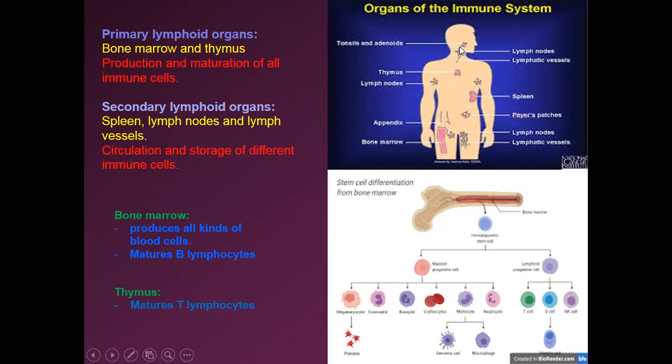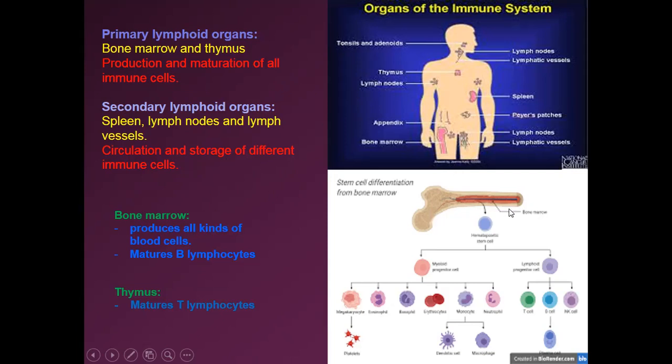Note that we see an aggregation and a set of lymph nodes near the openings of the body. Inside each opening of the body, there is an aggregation of lymph nodes in order to prevent and to cooperate to prevent the invaders.